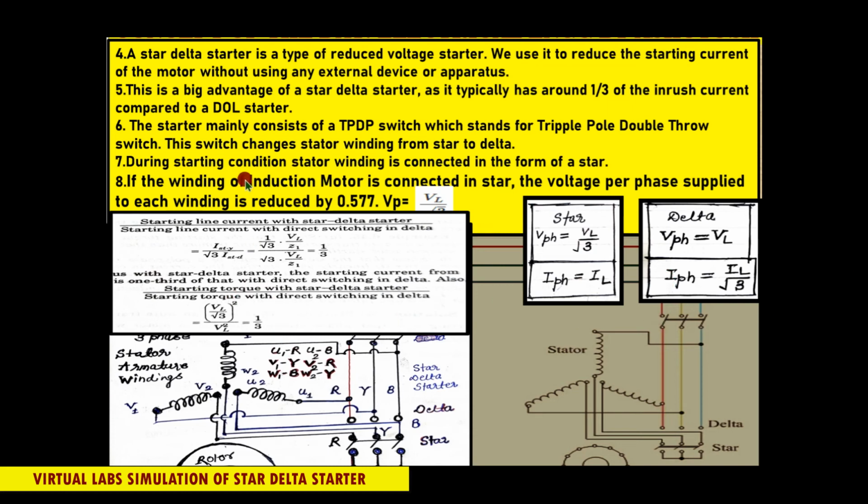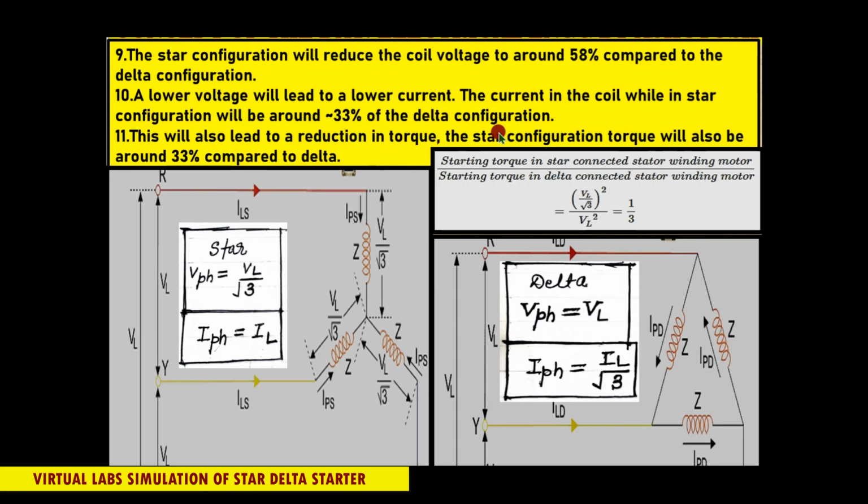So guys, when the winding of the induction motor is switched on to star, the voltage per phase supplied to each winding is reduced by 0.577 because of the formula VPH equals VL by root 3. The starter connection we will discuss later. The star configuration reduces the coil voltage to around 58% compared to the delta configuration, and lower voltage leads to lower current.